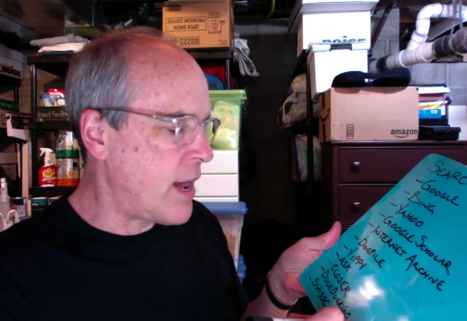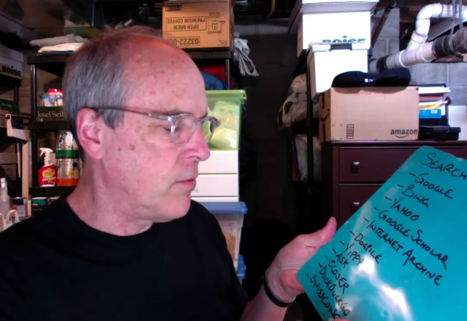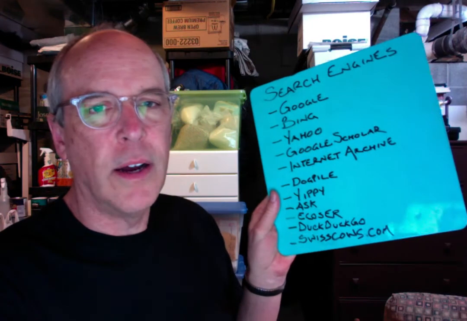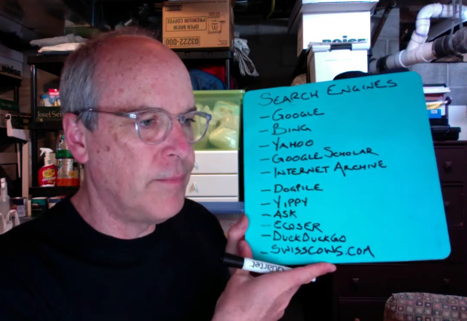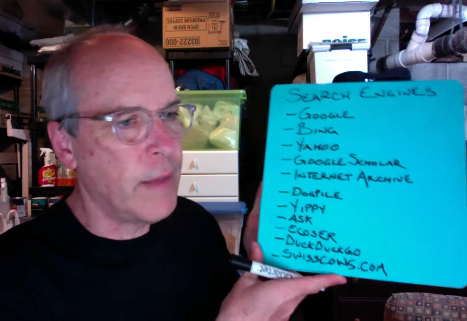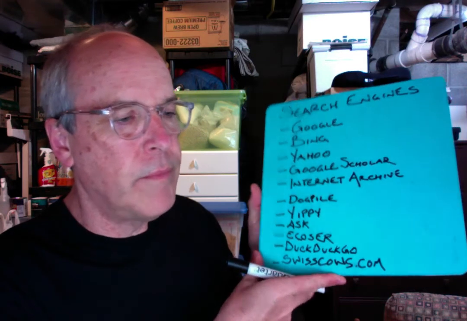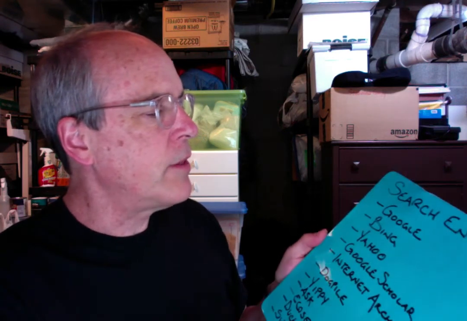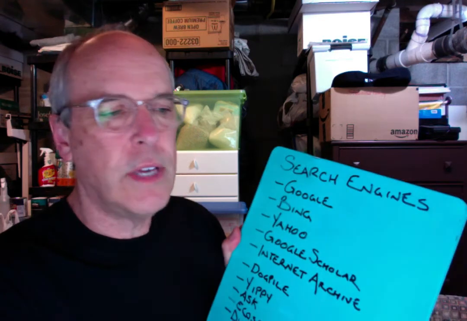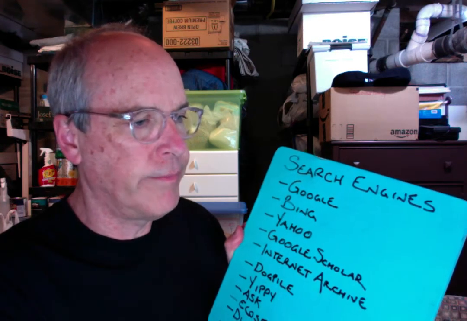If that's you, SwissCows.com, whatever the heck that means. Swiss cows, like Swiss cheese. All right. So it's smart to go beyond just Google and to experiment with some other search engines just to see whether you get different results.